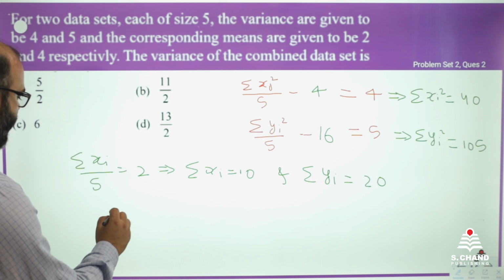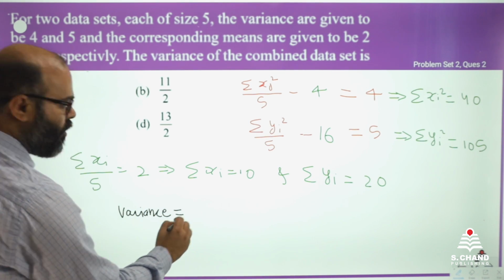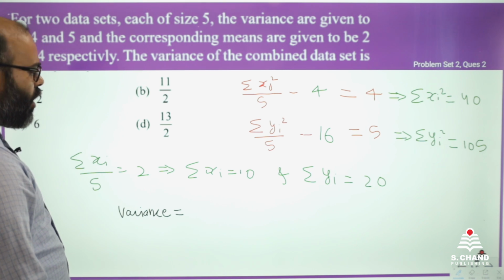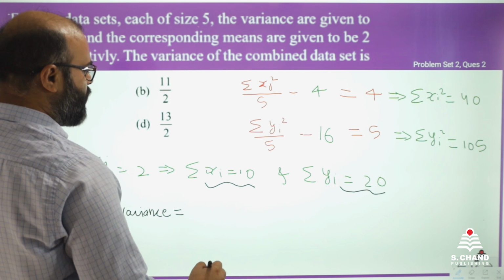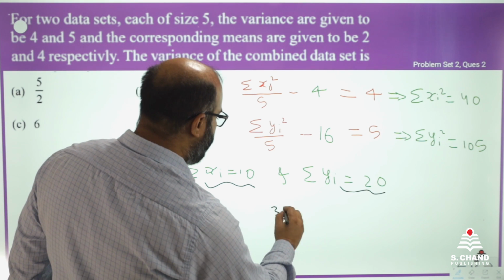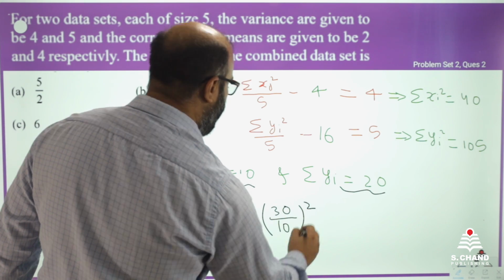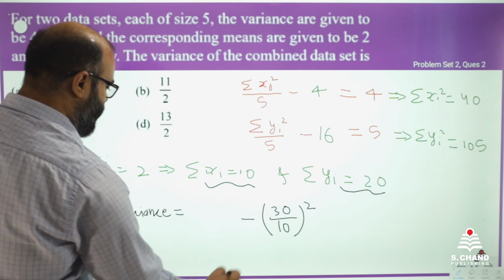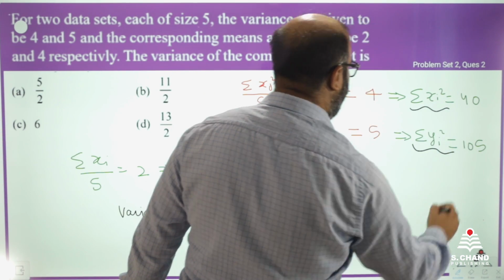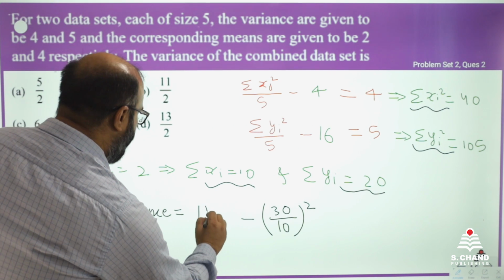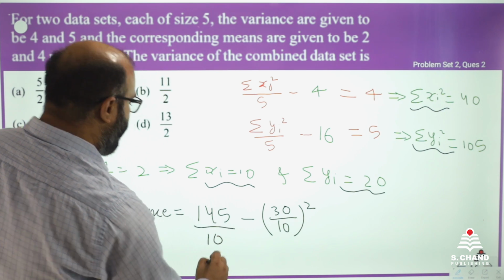The variance of the combined data set is the square of sigma of xi plus sigma of yi, which is 10 plus 20, 30, by the total data 10, whole square. This is the square of the mean, which is subtracted from sigma of xi square plus sigma of yi square, that is 145, upon n, which is again 10.